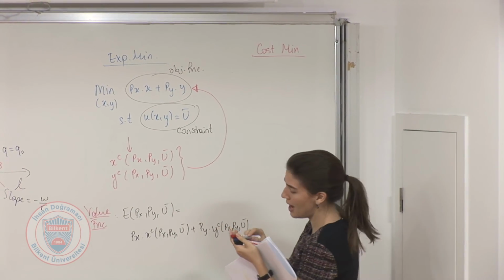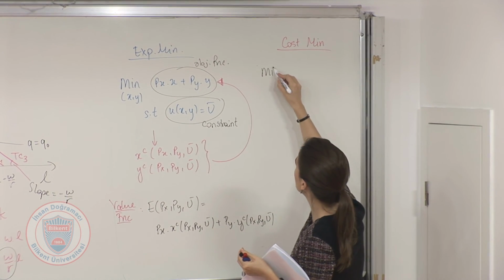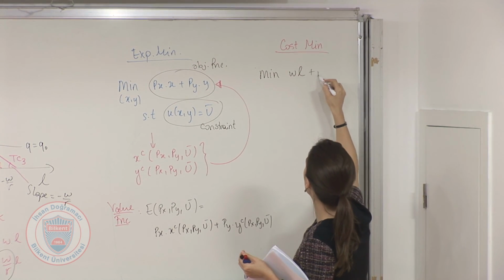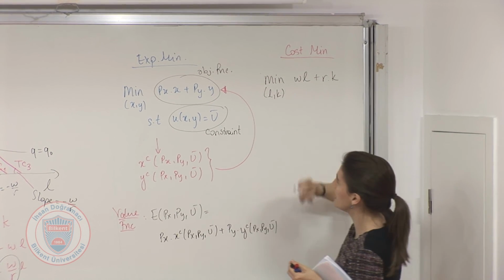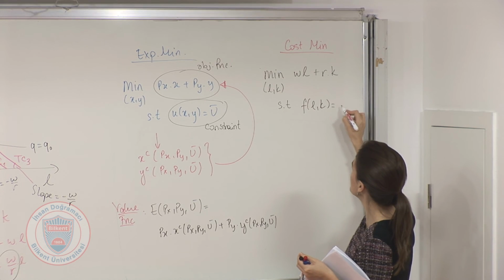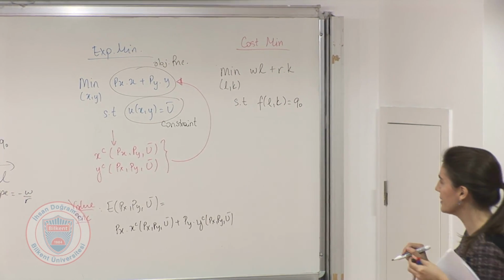So I'm going to write: minimize cost, wage times L plus R times K, over L, K, subject to F of L, K equal to Q0, or Q bar, whatever you want to call it, okay?